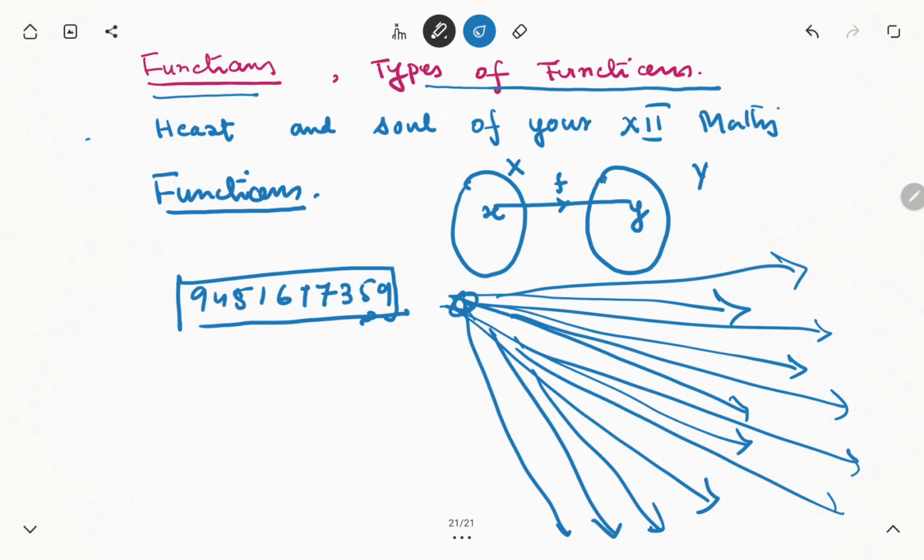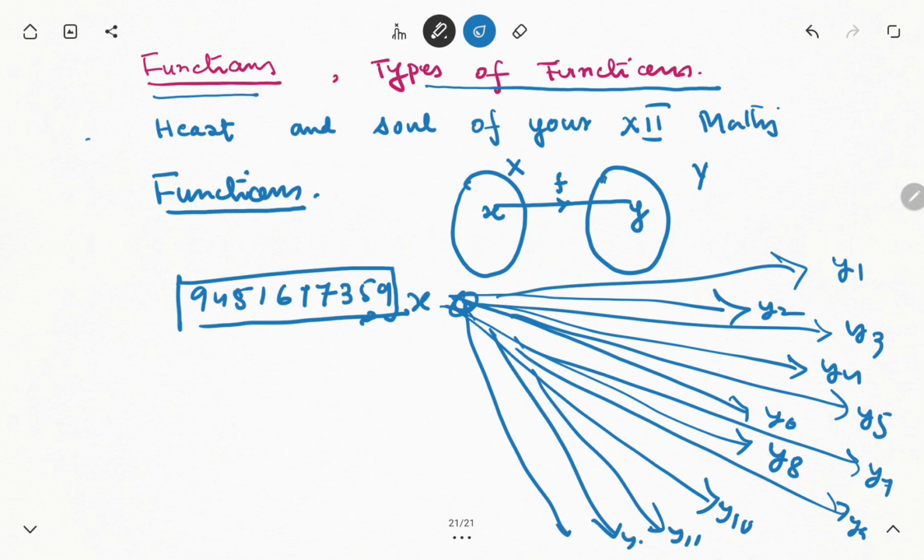So images are many here. If this is x, these are your y1, y2, y3, y4, y5, y6, y7, y8, y9, y10, y11, y12. This is a very simple example. I am mentioning only 13, but you know that you have n numbers of relatives, friends, colleagues, helpers, teachers, n numbers of people you are related to.